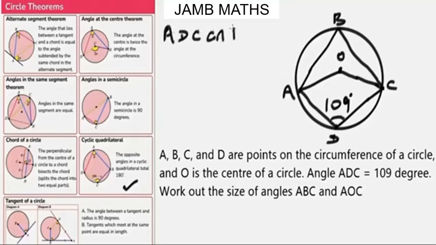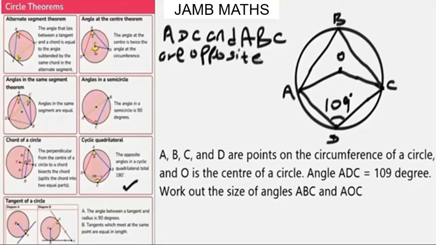Since they are opposite, angle ABC will be 180 degrees minus 109 degrees.